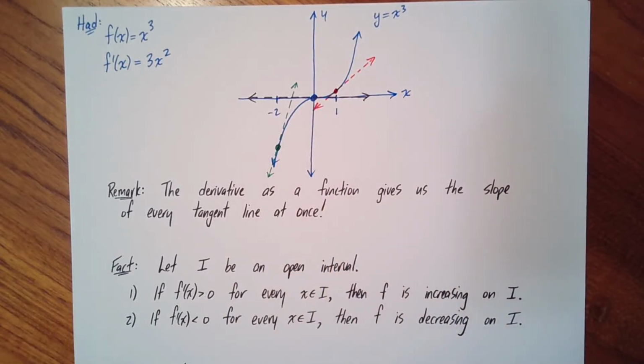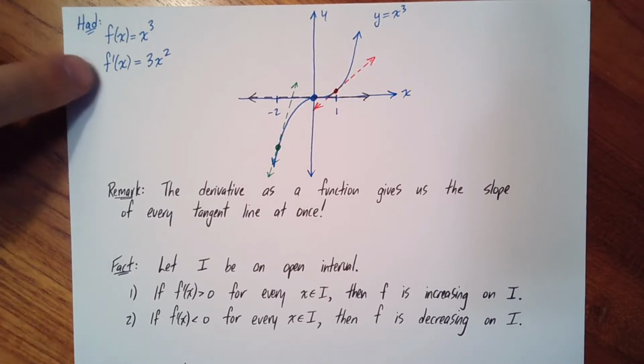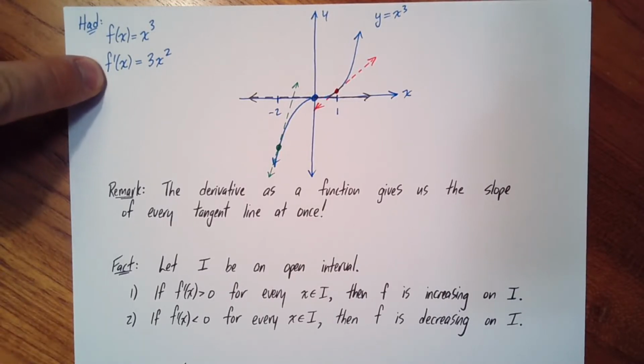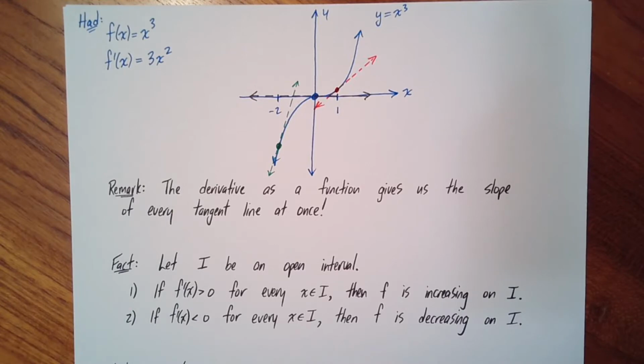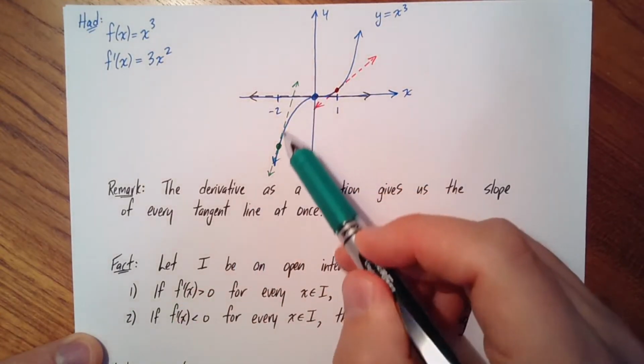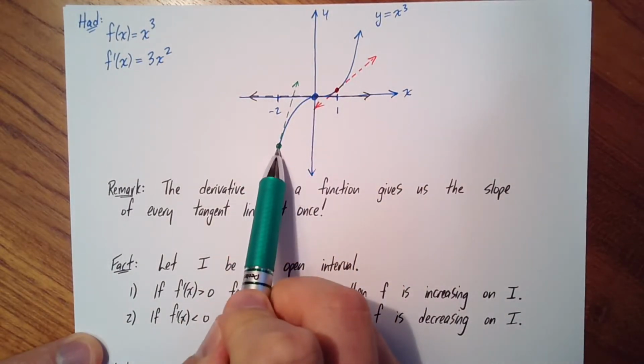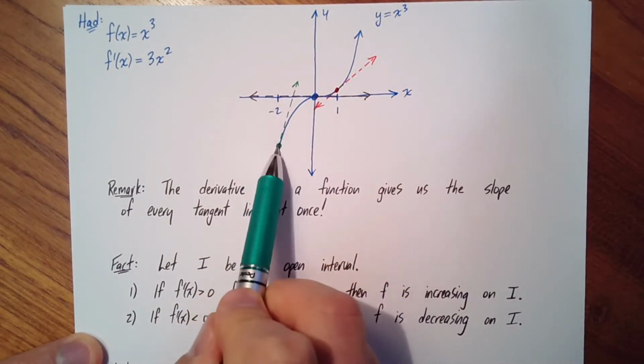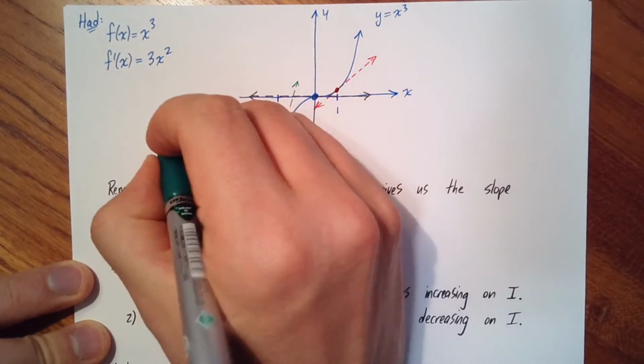So what are the slopes of all those lines? Well, the derivative as a function is going to tell you. All you have to do is tell it the x value. So, for example, if I want the slope of this tangent line here that's in green, it's tangent to the curve at this point, which has an x value of -2.